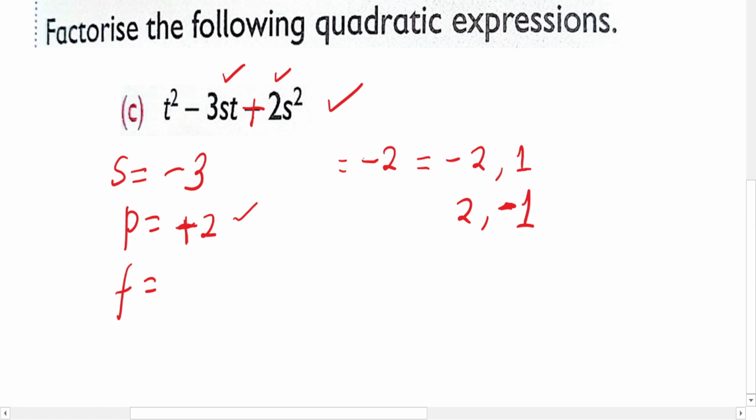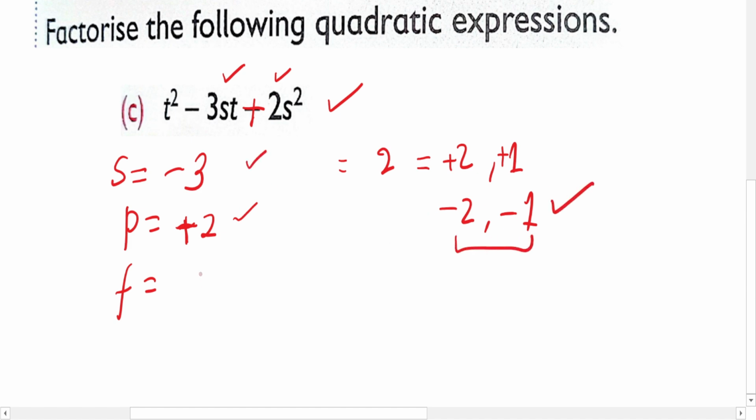Now your product is 2, which means you either multiply positive 2 and 1, or minus 2 and minus 1. And if you add them, it gives you negative 3, which satisfies the sum rule. Therefore you're going to get minus 2 and minus 1.